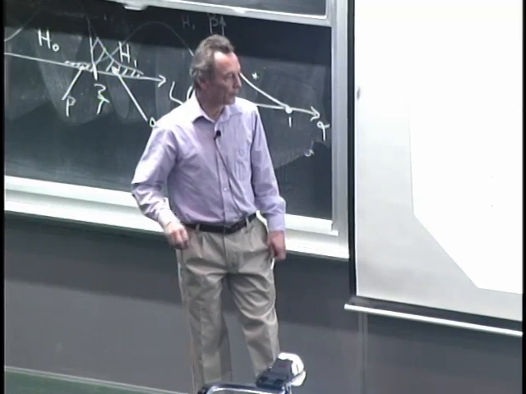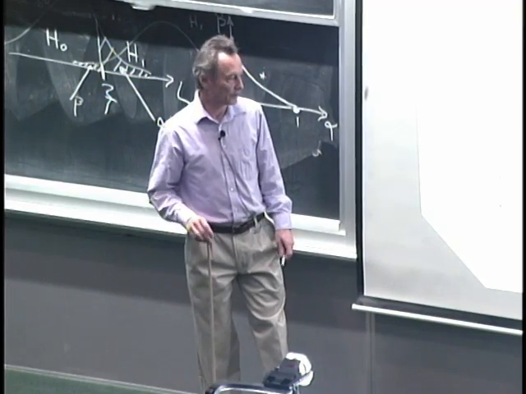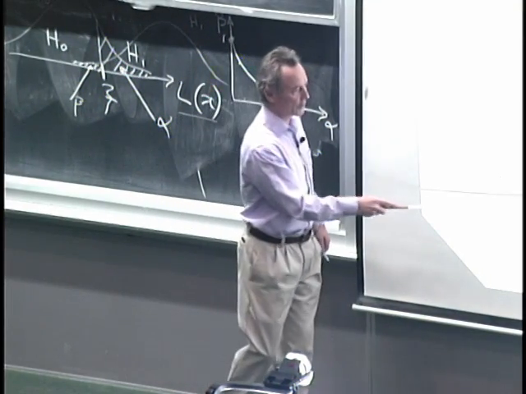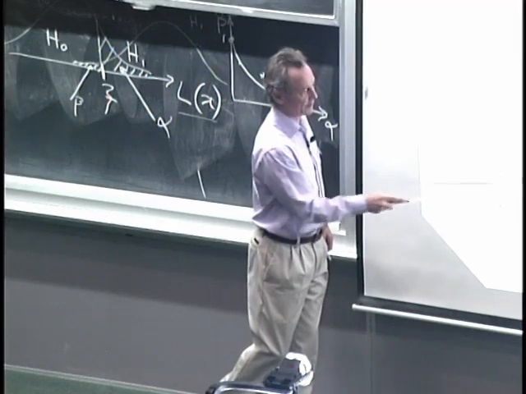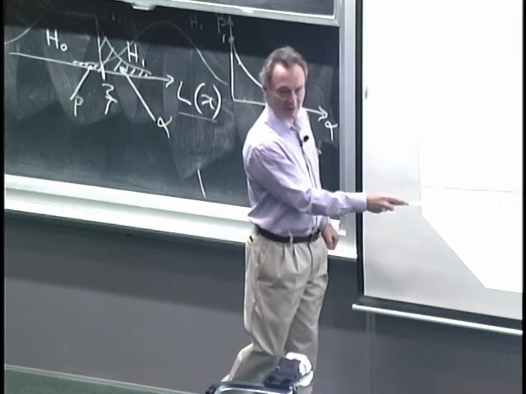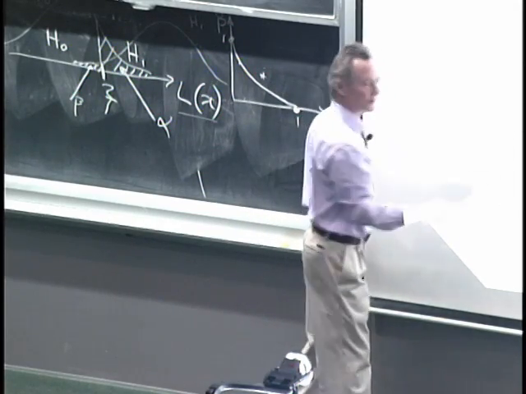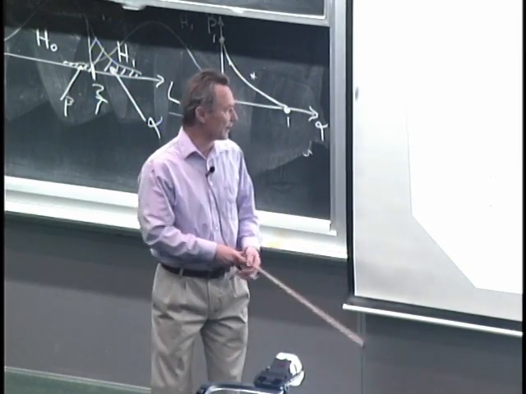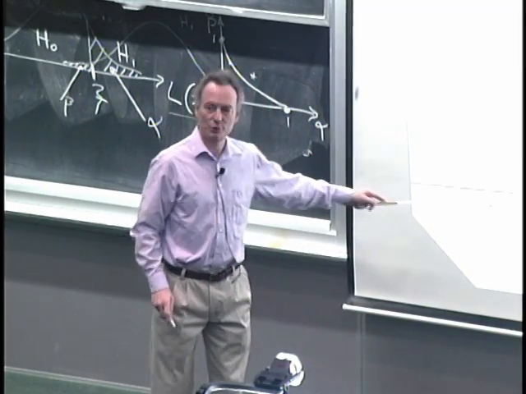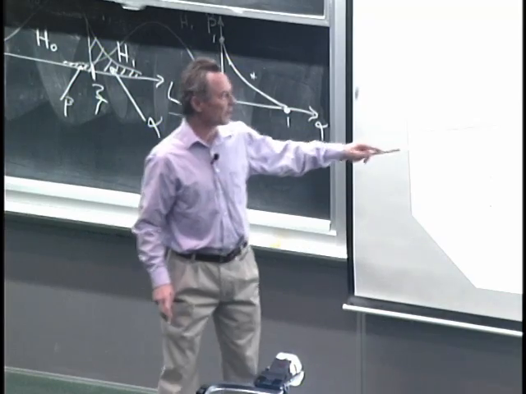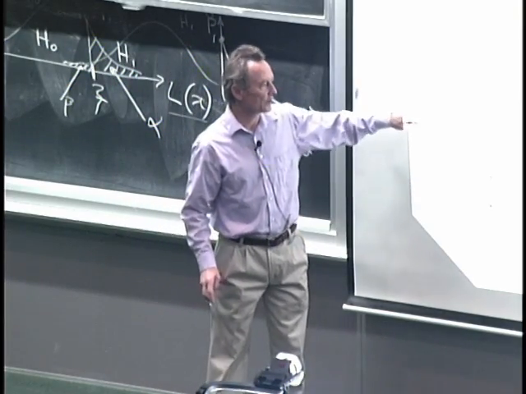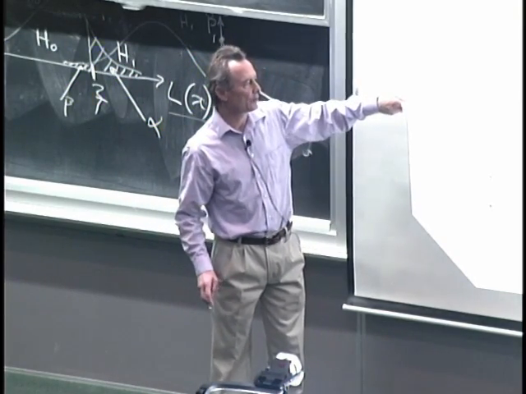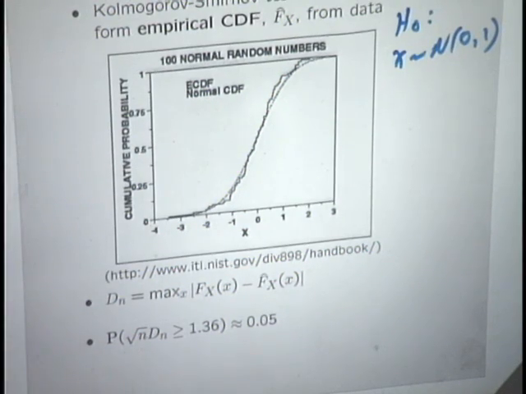So a way of judging whether my model is correct or not is to look at the assumed CDF, the CDF under hypothesis H naught, look at the CDF that I constructed based on the data, and see whether they're close enough or not. And by close enough, I mean I'm going to look at all the possible x's and look at the maximum distance between those two curves.